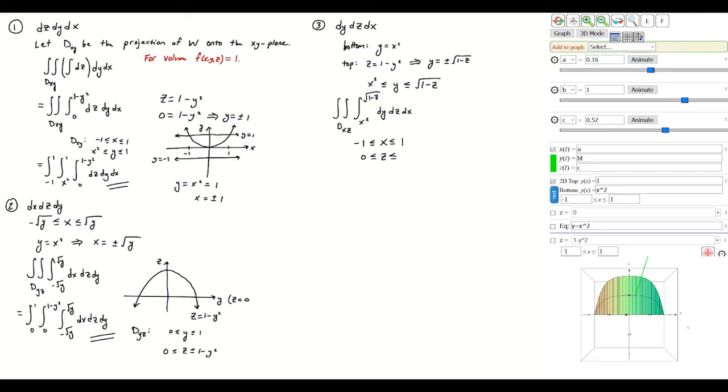Let's view this from a perspective not directly above the xz plane. When x is 0.5, what is the y value? Because the y value determines how high up we go. If our y value is all the way over here at the very end of this region, then our z range isn't that big.